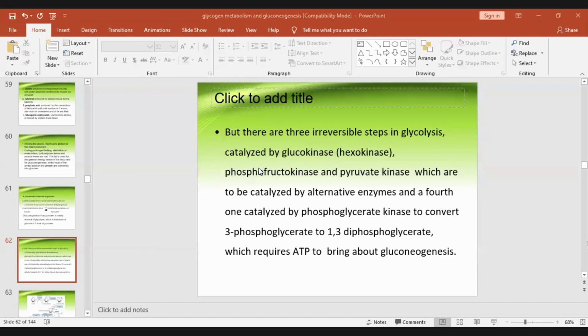Whereas when glucose is in short supply, the kinase activity is inactive but the phosphatase action is active. So fructose 2,6-bisphosphate is converted to fructose 6-phosphate, and fructose 1,6-bisphosphatase activity is activated.